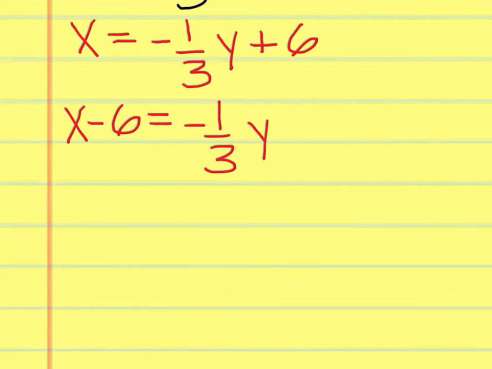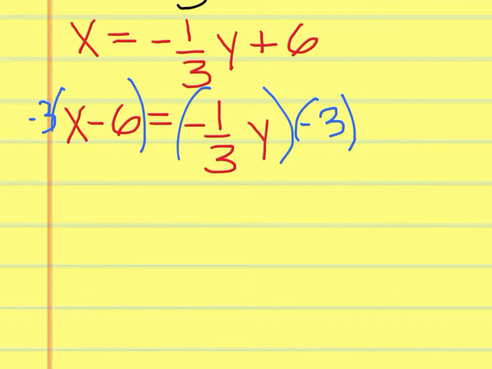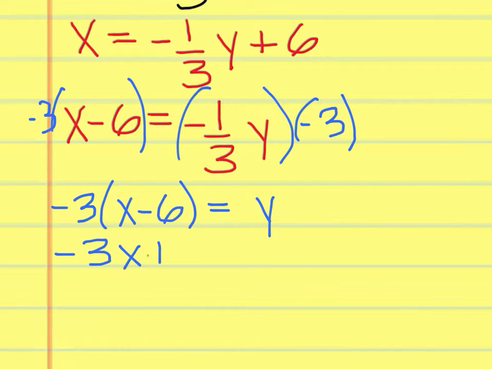What you can do is multiply both sides by a negative 3. If you do that, it will get rid of the fraction and the negative sign on the y. So negative 3 times the quantity x minus 6, and you're just left with y. But expand it out to negative 3x plus 18 equals the inverse of y.